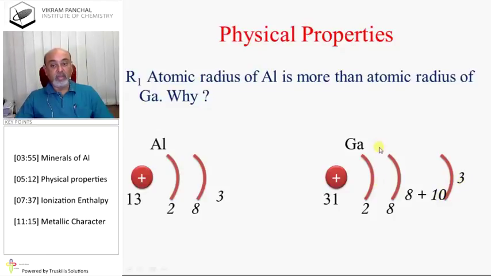Therefore in gallium the screening effect is comparatively less than that of aluminium. If screening effect is less, then the outermost electrons feel more attraction of the nucleus, and therefore gallium has a somewhat smaller radius than aluminium.